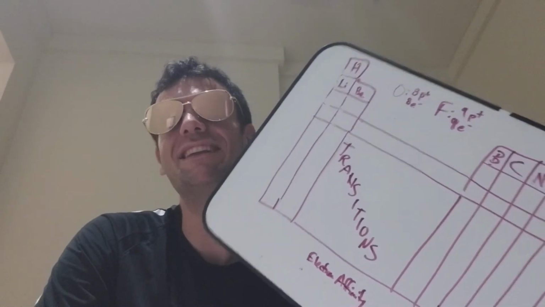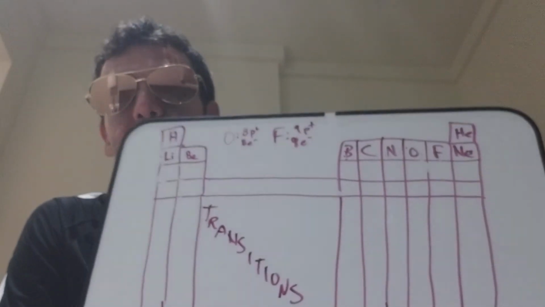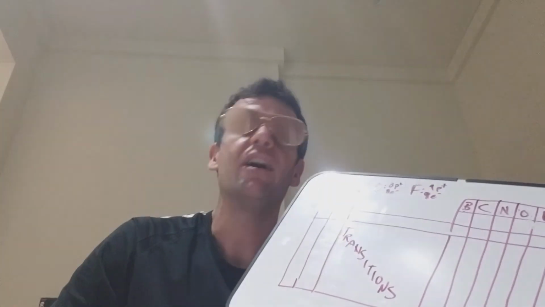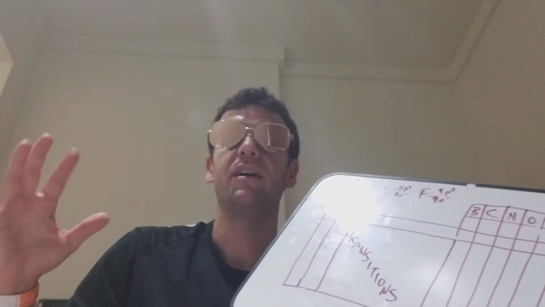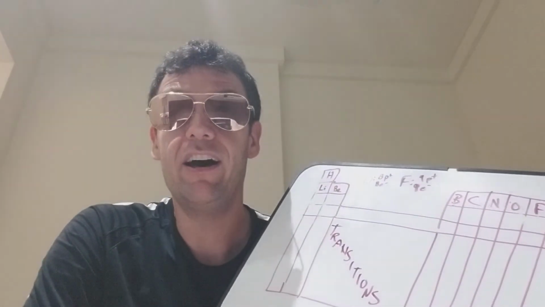And finally, electron affinity is basically the energy needed when you have a desire for electrons, not to remove an electron like ionization energy, but to have an electron put back.